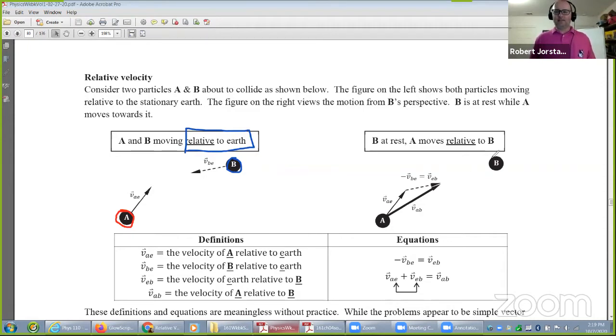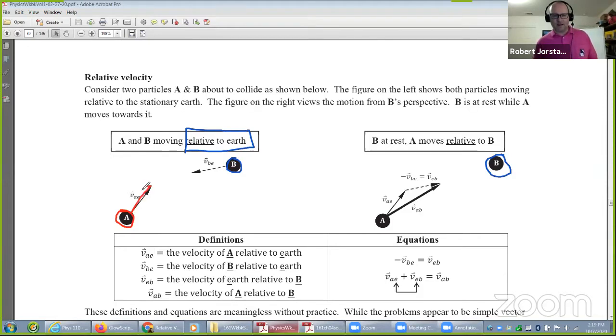What we see from B, from the perspective of B, from B's location, A is moving towards B much more rapidly than it is moving relative to the Earth. So again, this arrow, oops, sorry. Let me get that color.